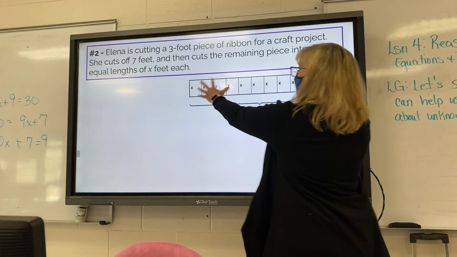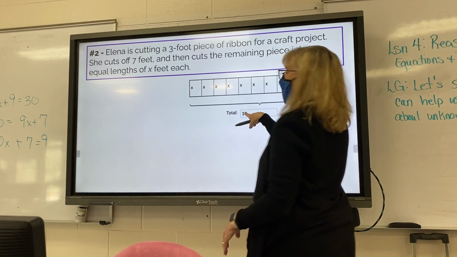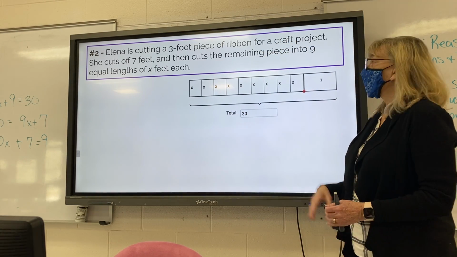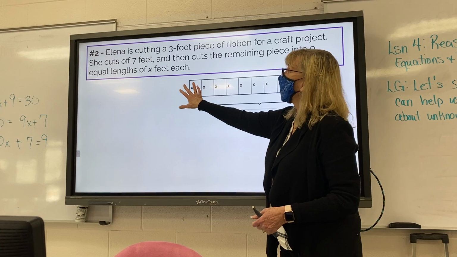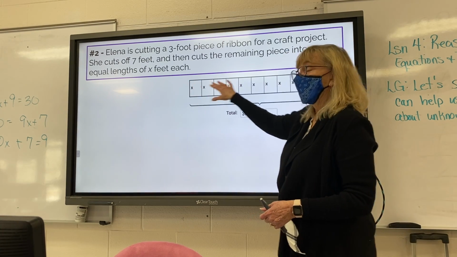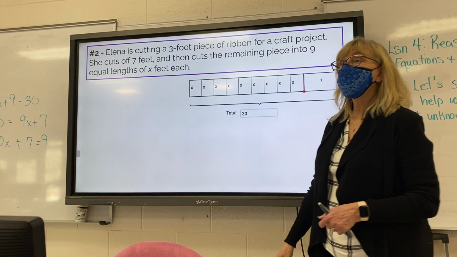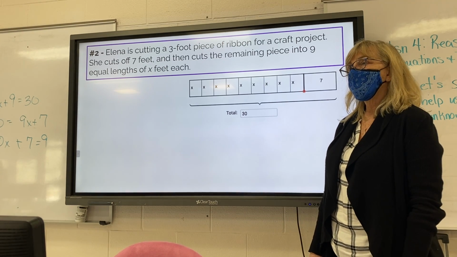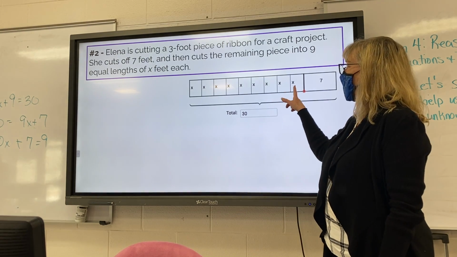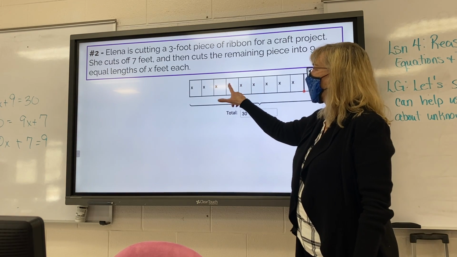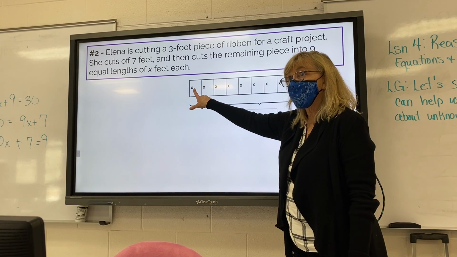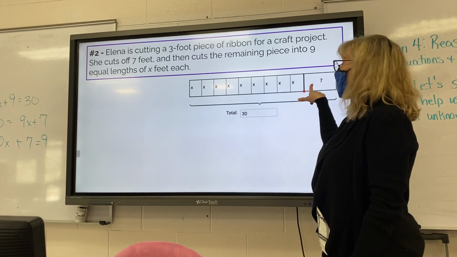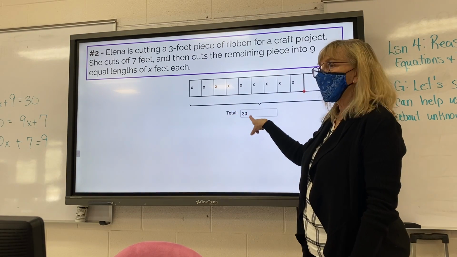Okay, so all this together equals 30. She cuts off 7 and she has 9. She splits it up into 9 equal parts. Okay, so what equation is this? 1, 2, 3, 4, 5, 6, 7, 8, 9x plus 7 equals 30.